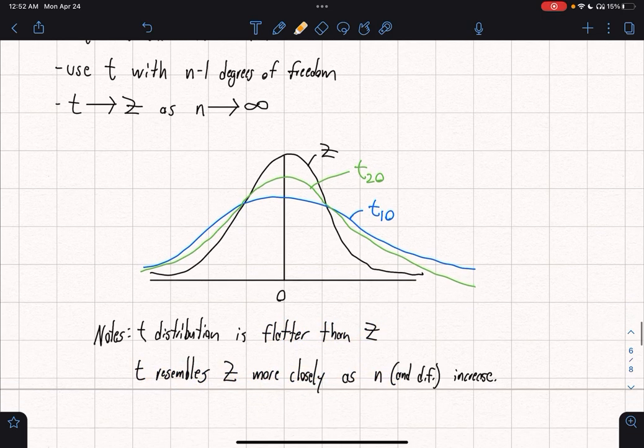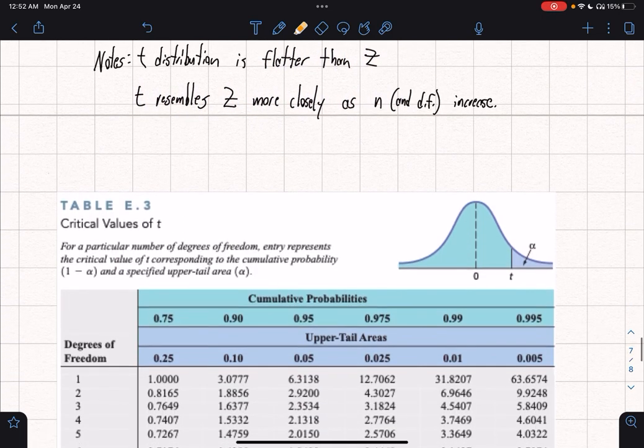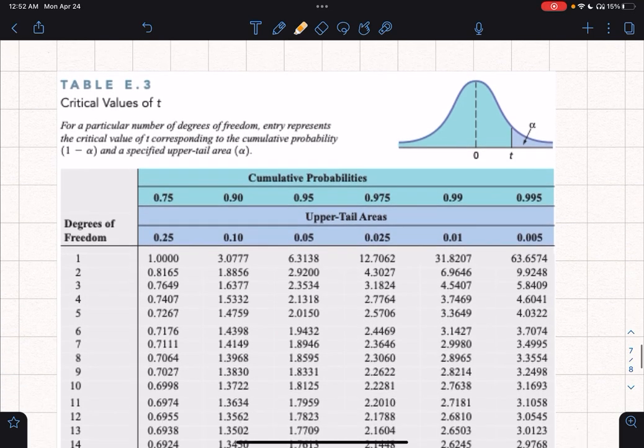And so we actually have a separate table for the t distribution, and it looks like this, and this is posted on Schoology. It looks very similar. Notice that we now have a critical value of t here instead of z, and we're looking for area under the curve, so this area right here. But this table is actually easier to work with because it's providing us areas for this whole big green area over here.